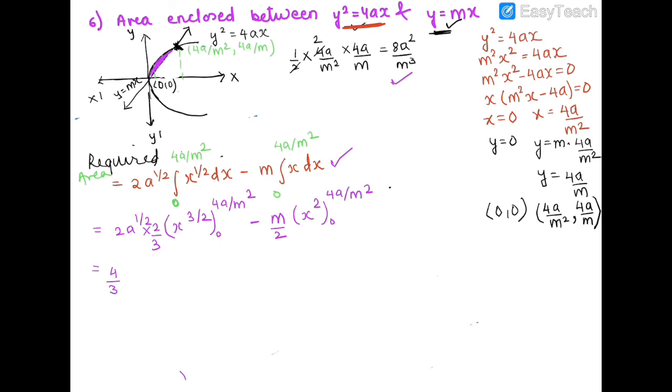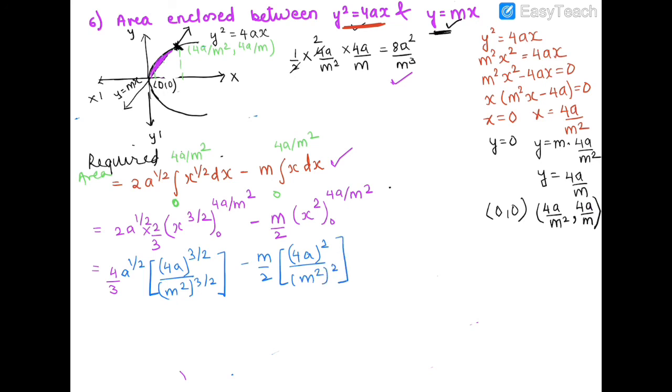ये देखो ये वाला जो part है a to the power half, और यहाँ से भी आएगा आपके पास, या पहले लिख लेते हैं so that it's clear. 4 by 3 a to the power half, और अंदर मेरे पास कितना आया, 4a by m square, तो 4a to the power 3 by 2 and m square to the power 3 by 2. ऐसा हो गया minus m by 2, and similarly this one would be 4a and whole square by m square whole square, because minus 0 is, you can avoid writing that.